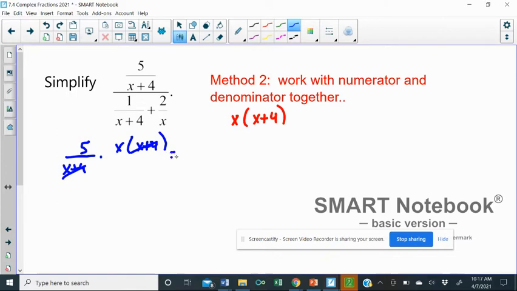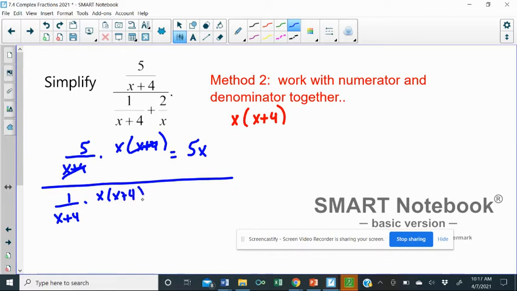And that's going to get me 5x. And then I'm going to take my denominator. And again, I'm going to multiply each piece by my lowest common denominator. That's going to go away. That's going to go away. That's going to go away.